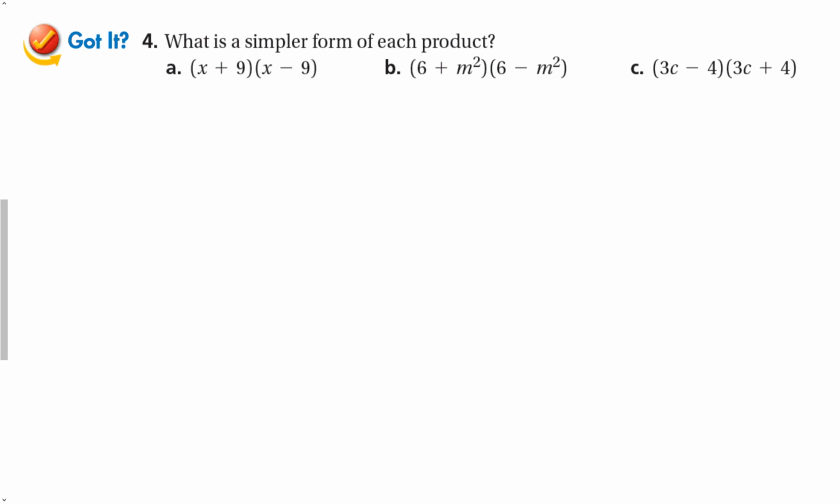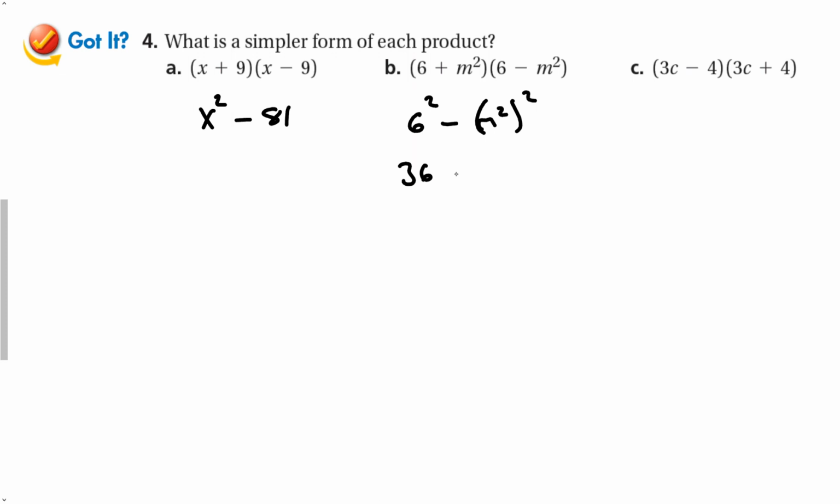Let's try a few got it problems. Simpler form of each product. This is going to be x squared minus 9 squared, which is 81. Order doesn't matter here. These two are the same. These two are the same. The only difference is the sign in between them. So we get 6 squared minus m squared squared.